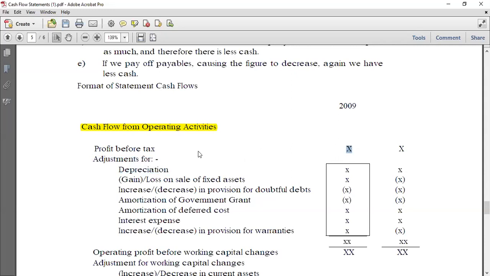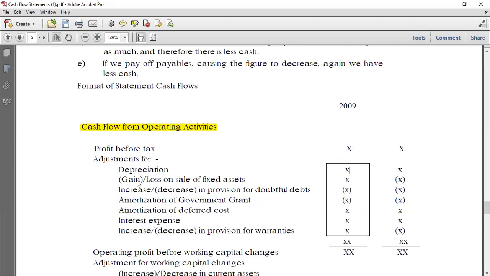So that is why we first add it back to determine what would have been our profit without this so-called depreciation, which we are calling a non-cash item, which does not have any effect on cash movement, because when you depreciate your assets, there's no cash moving out. So that is the first thing that we do. So we are able to add back the depreciation.